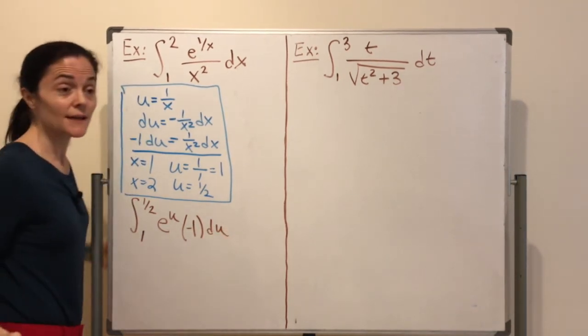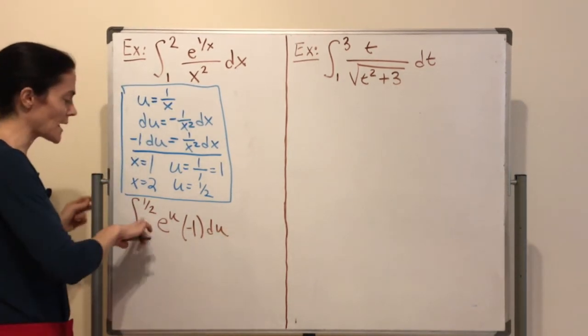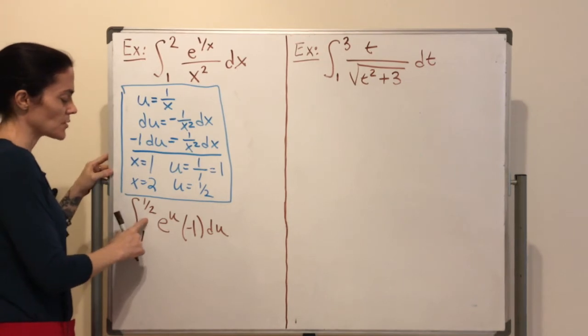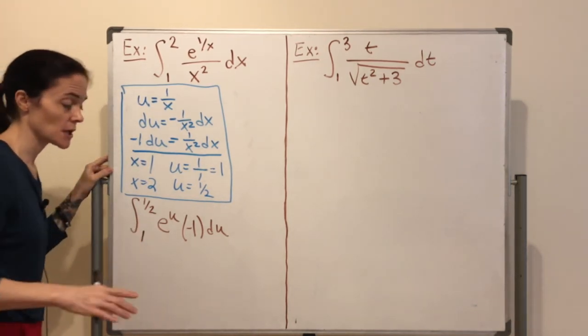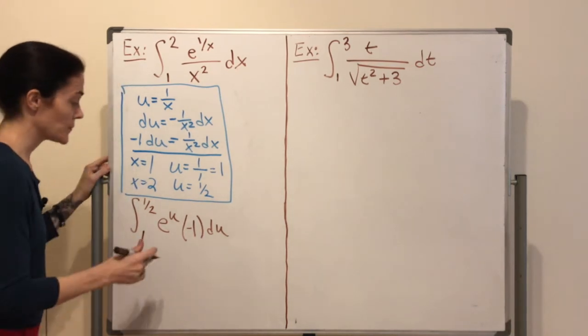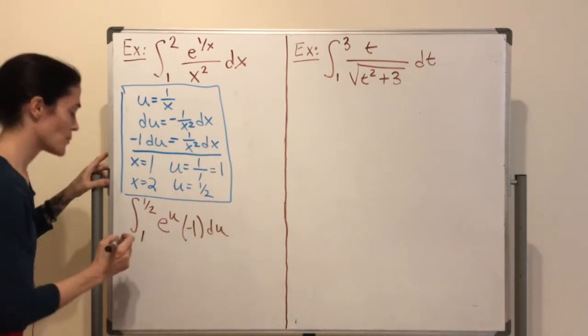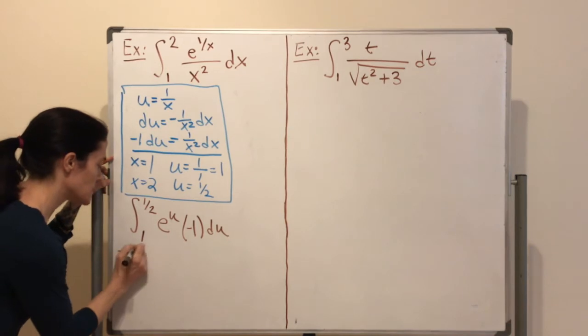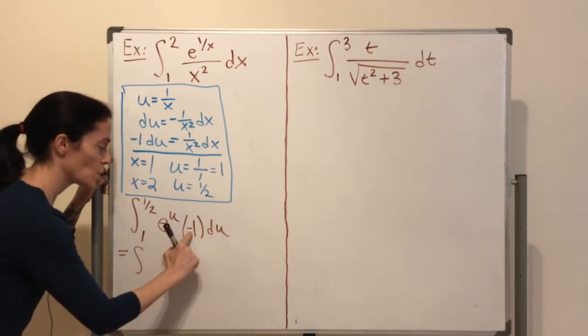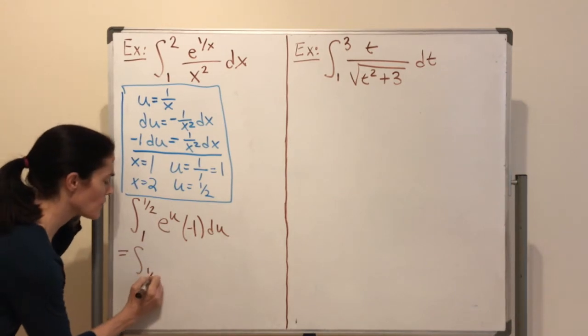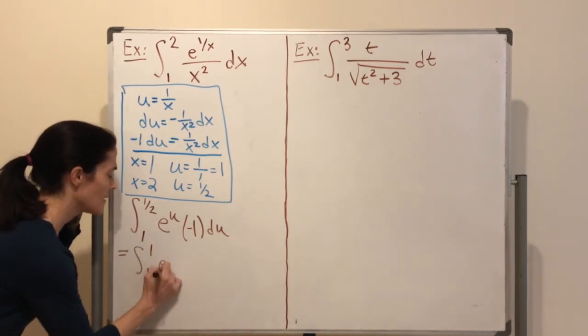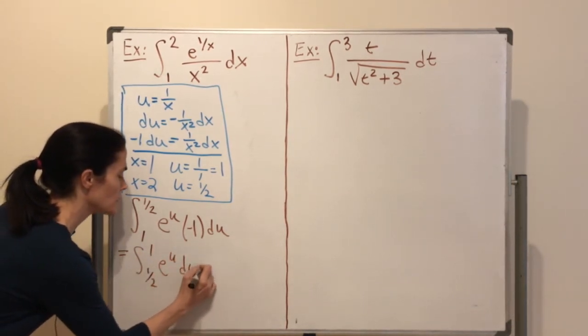Now if you want to look at this integral with the lower number as the lower limit of integration, we discussed this last time, I could just multiply this by minus 1, it turns to a plus 1. So this is the integral from 1/2 to 1 of e to the u du.